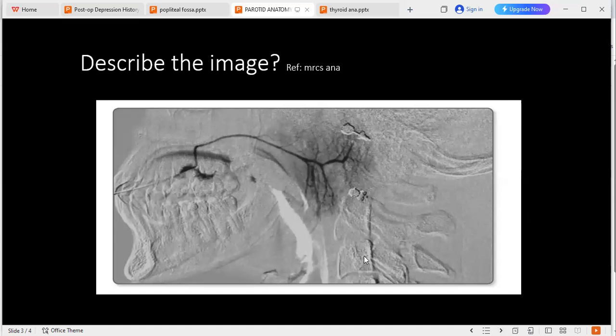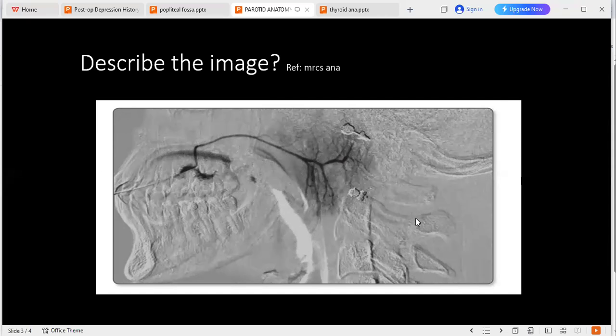Please tell me what kind of image you are looking at. This could be an angiogram. What exactly are you looking at in the image? Maxillary artery, and maybe the external carotid artery branches.